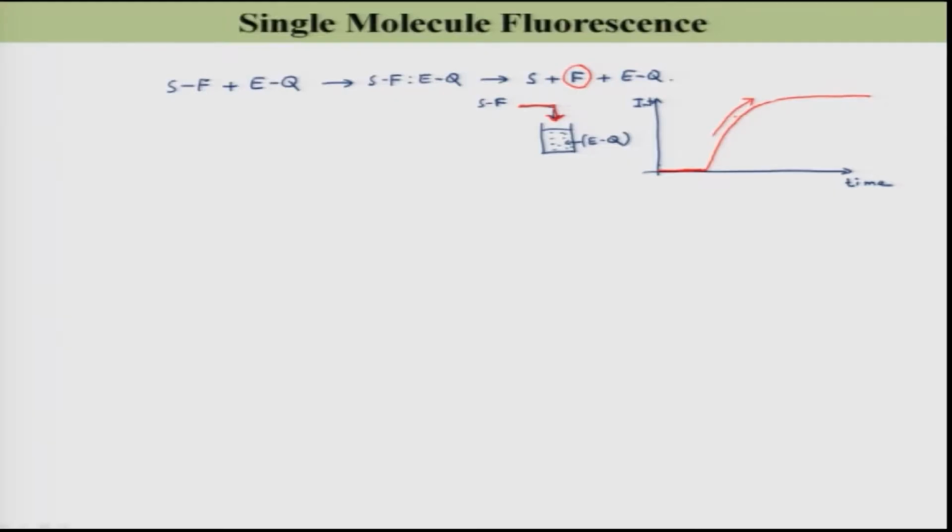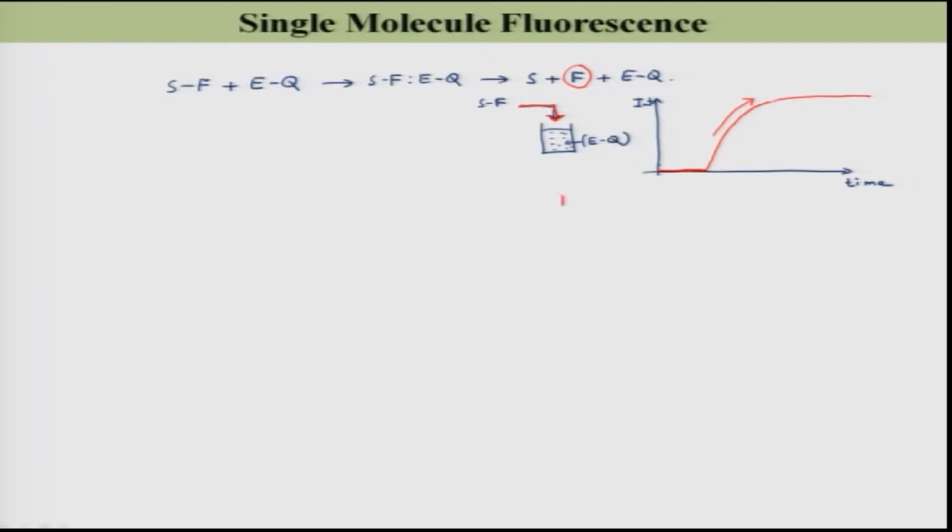But now consider that when you are mixing SF with EQ, obviously you need some time, right? So whether you will be able to monitor this enzymatic reaction will be guided by the dead time of mixing. This is the drawback of our setup, right?